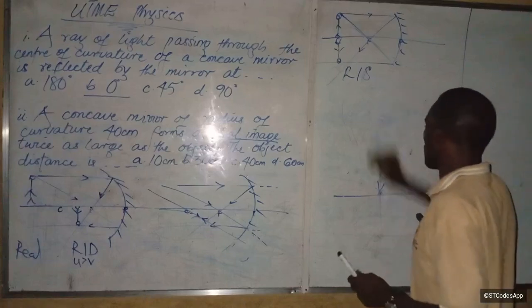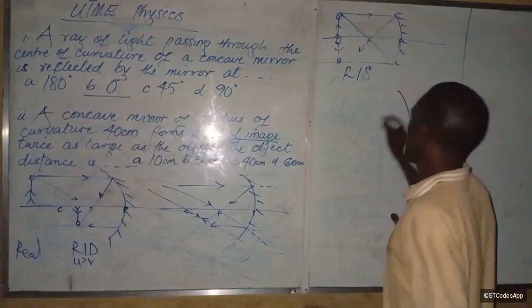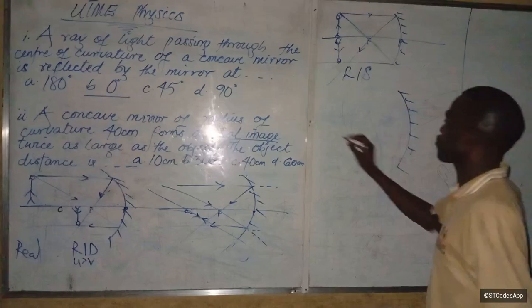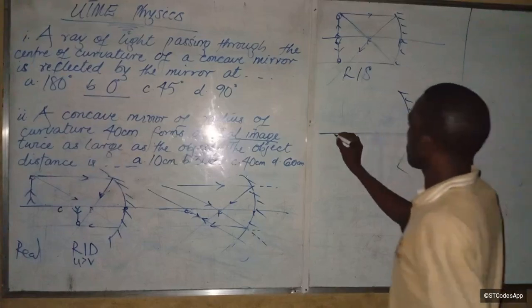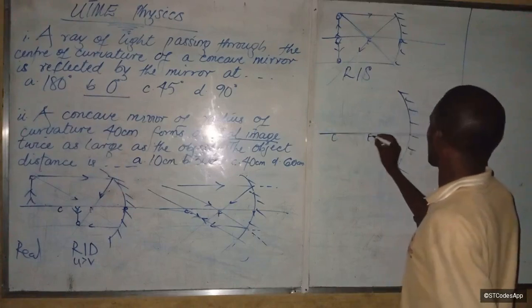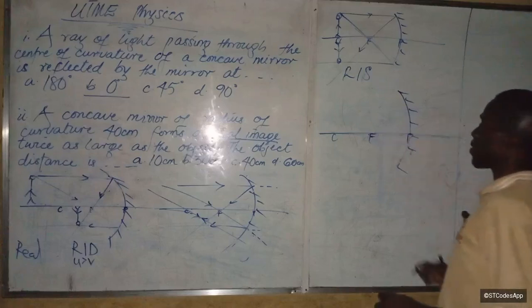Now for the next one, I might not be drawing everything because of time. So I have this guy, my center of curvature is here, focus is around here, and pole is here.